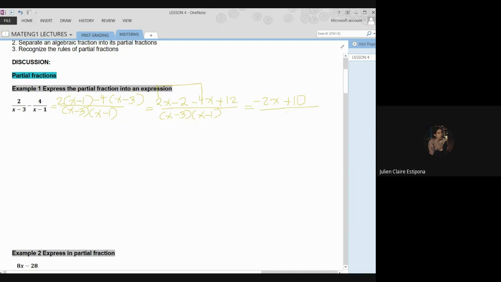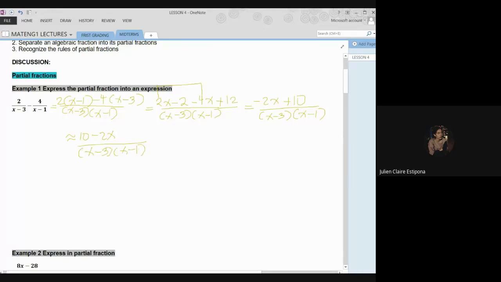Okay, we just copy the denominator, which is x minus 3 multiplied by x minus 1. So if we are going to rewrite this one, this is also equal to 10 minus 2x. Pinagpalit ko lang yan. Okay, so that is over x minus 3, x minus 1.